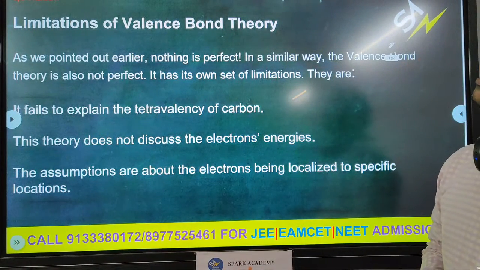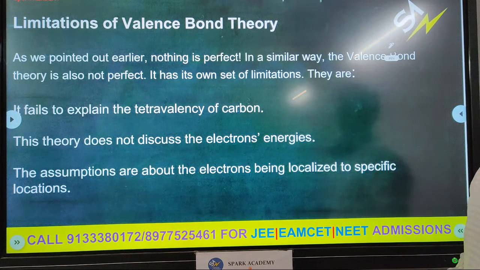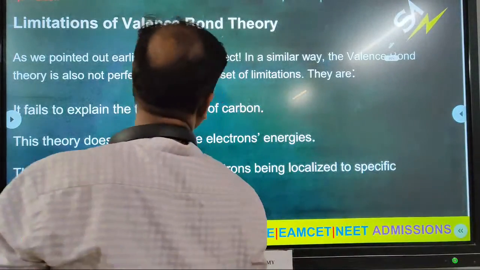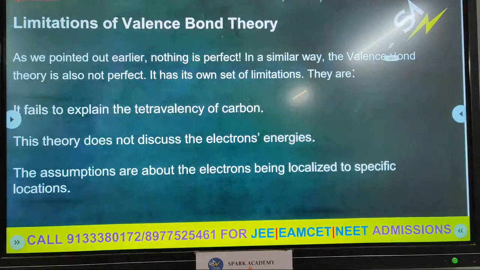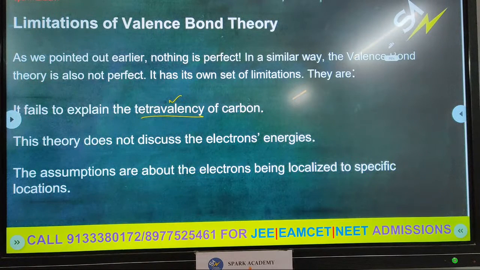As we pointed out earlier, nothing is perfect; in a similar way, valence bond theory is also not perfect. It has its own set of limitations. They are: first, it fails to explain the tetravalency of carbon. Second, this theory does not discuss the electrons' energies.